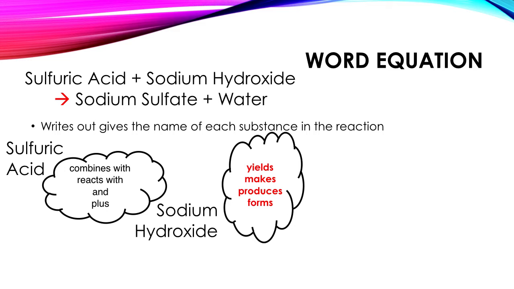We don't say that they are equal to each other, though. They make other substances. And then we write our first product, which happens to be sodium sulfate in this particular example.